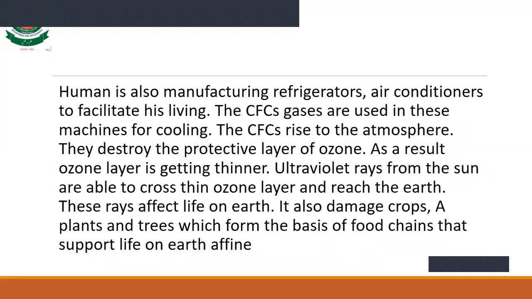Ultraviolet rays from the sun are able to cross the thin ozone layer and reach the earth. These rays affect life on earth. They also damage crops, plants and trees, which form the basis of food chains that support life on the earth.